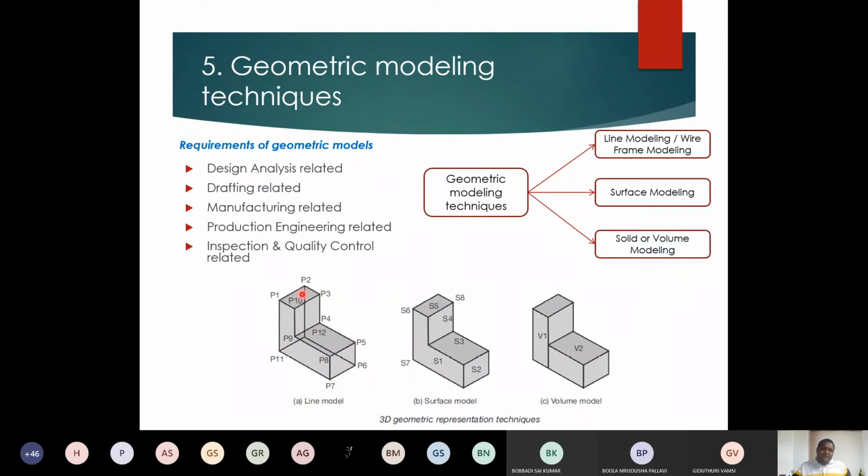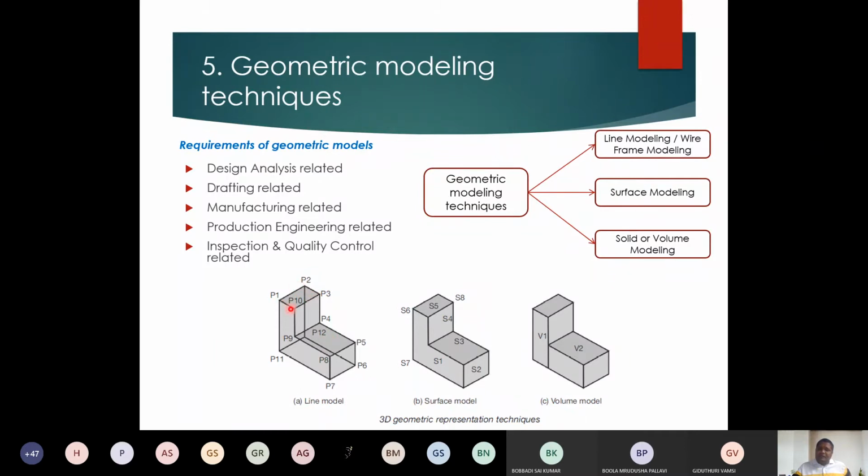If you look at wireframe modeling, I don't need to tell you the requirement of a geometric model. Whatever we discussed so far is the requirement of a geometric model. Now, in line modeling or wireframe modeling, for the entire model, only the edges are created, and you try to understand the model using edges.